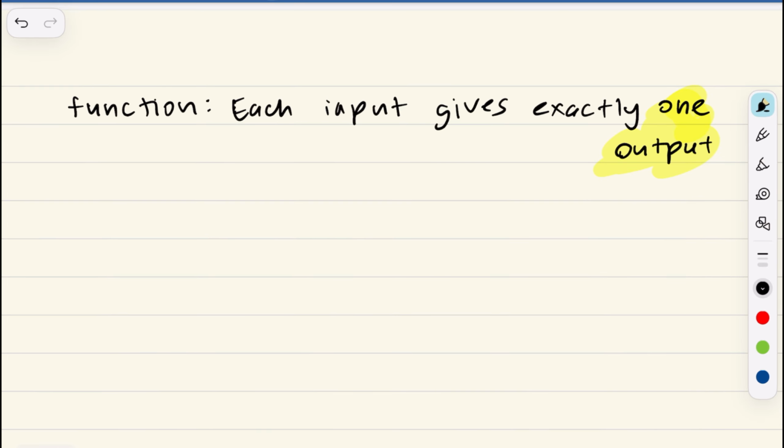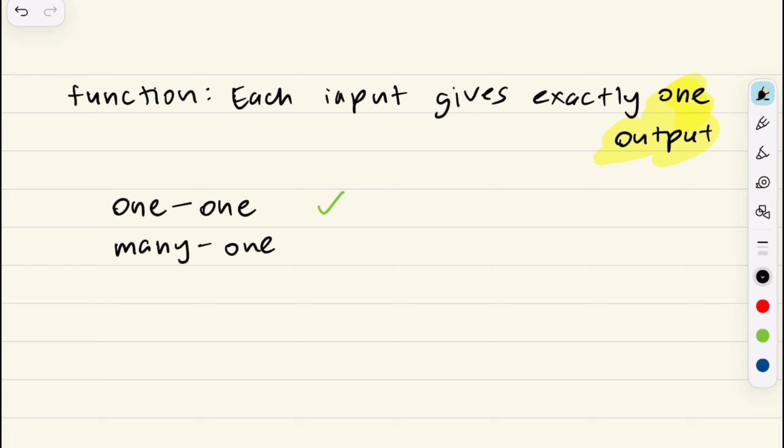So one-to-one mappings are considered functions, one input, one output. Many-to-one mappings are also considered functions. Why? Because even though they have many inputs, they have only one output, and that's the most important thing that matters. Finally, one-to-many mappings are not functions because they have one input but more than one output, usually two outputs. And this is why it's not considered a function.